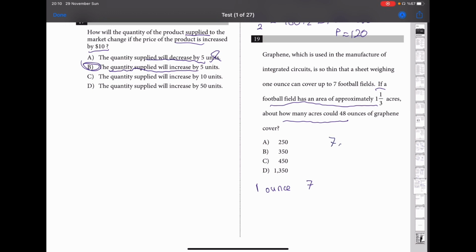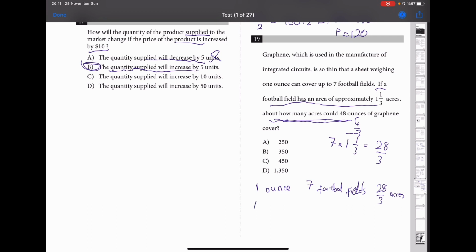It is 7 times 1 and 1/3, which is 28/3 acres, right? 7 football fields has this area. It is 28 divided by 3 acres. About how many acres could 48 ounces of graphene cover?